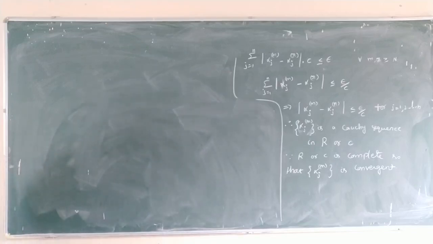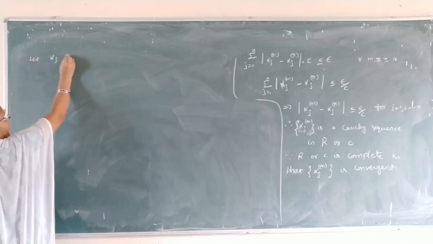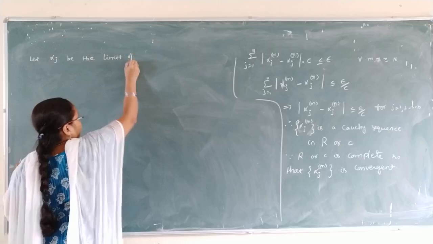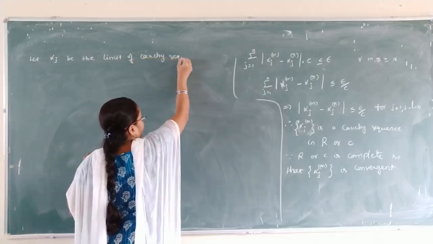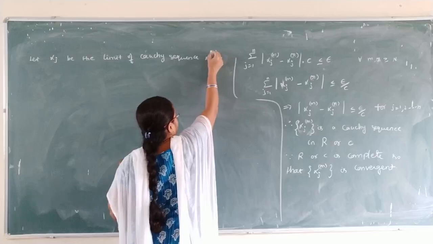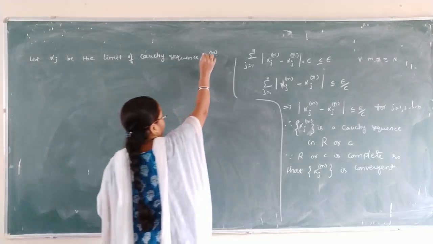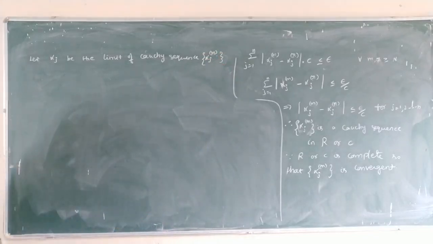So our next line is, let alpha j be the limit of the Cauchy sequence alpha jm. Next we are taking the y value. This is the sequence, so keep it in place. Next take one point y.